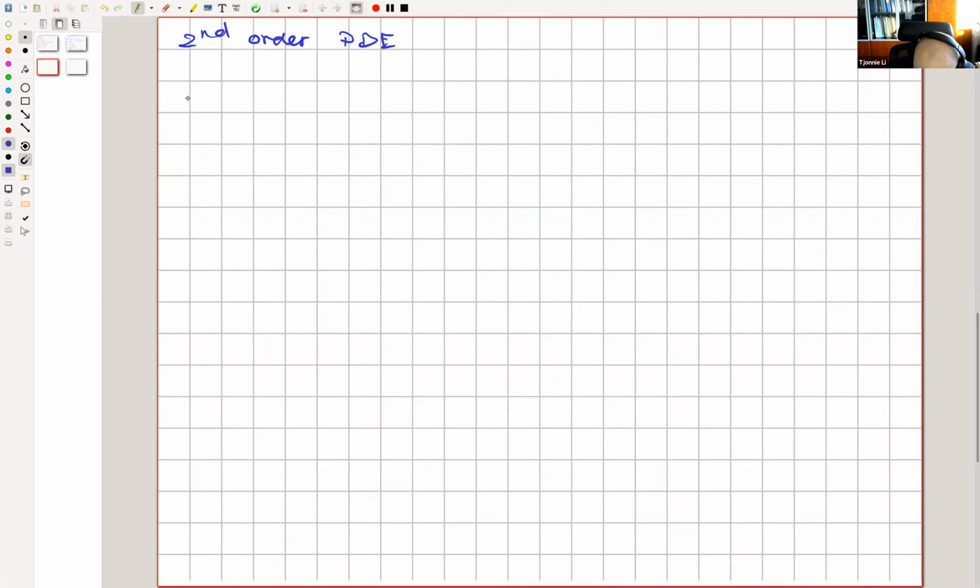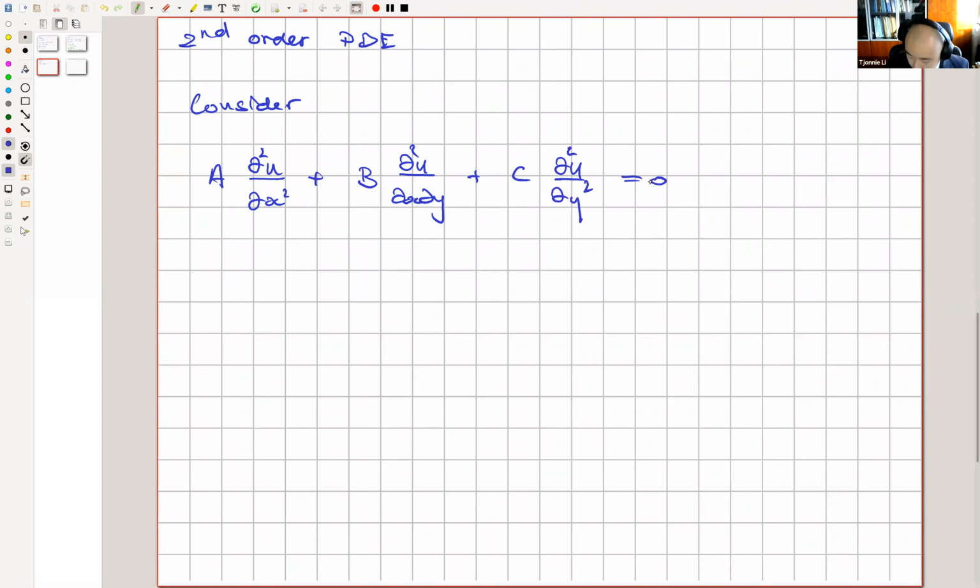And in this case, let's consider a partial squared u, where u is just any function, partial x squared, plus b partial u partial x partial y, plus c partial squared u partial y squared equals 0. In which case, these a, b, and c's could even be functions of x and y, but in this case, we can also assume them to be constant.